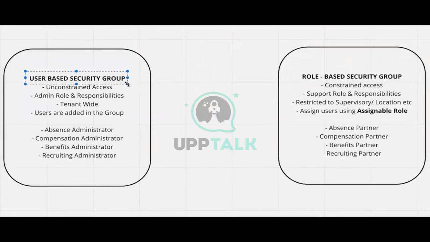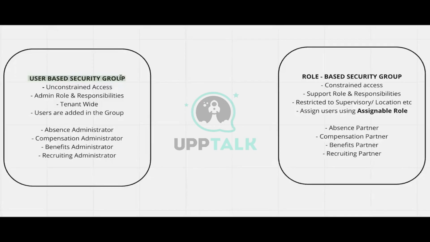You have the user-based security group on the left and role-based on the right. Let's talk about the user-based first because that's easier. Not that the other one is difficult, but just some additional understanding here. Over to the left, the user-based type has unconstrained access, which means tenant-wide. If anyone is a member of a user-based type security group, that means they can access a worker profile at the lowest level and also at the CEO level.